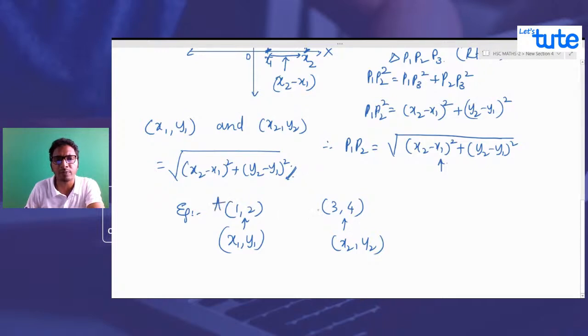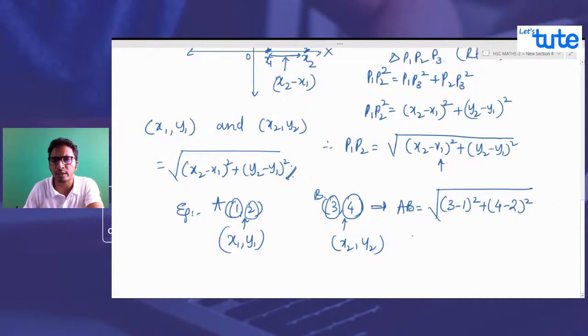Let us call this A and this B. So the distance AB will be the square root of, using the same formula, x2 minus x1, that is, this is the x2, correct? So 3 minus x1, x1 is here. So 3 minus 1 the whole square. y2, that is 4, minus y1, that is 2, whole square, correct?